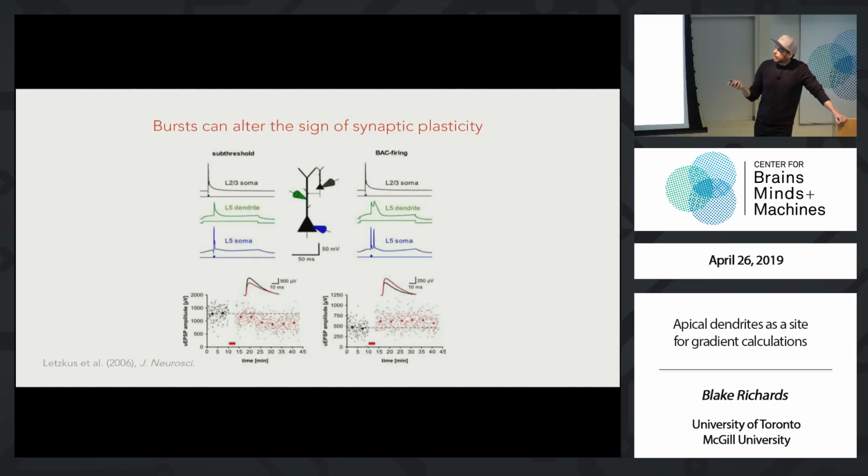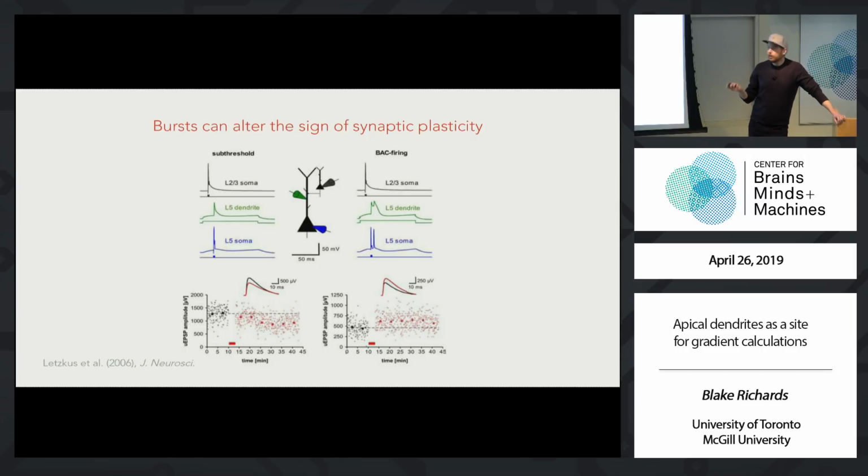Here are the experiments from the Letzkus lab. He was doing multiple patches on a layer 5 pyramidal neuron, and in this case he was looking at a layer 2-3 input to a part of the apical dendrite that was not quite in the tuft region. So this doesn't fit 100% with what I'm about to show you, but the broad idea is there. He found that if he triggered the presynaptic input and then triggered a single spike in the layer 5 cell, he would get long-term depression at the synapse.